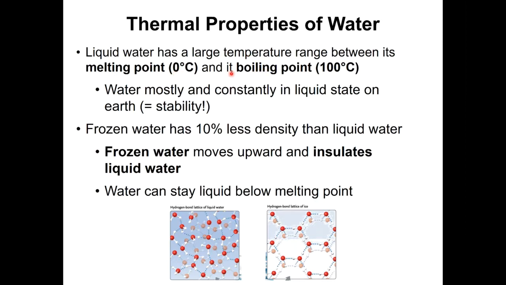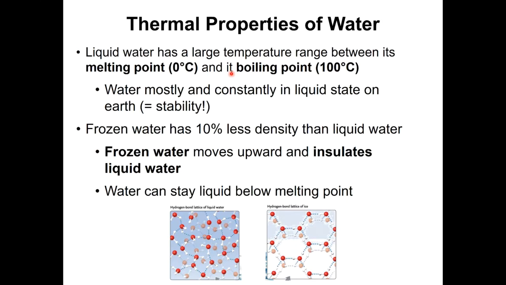Now, because of this, if you think of Earth, considering the distance we have from the sun, we have a certain temperature range, which basically guarantees that the vast majority of water will stay in the liquid state. This guarantees stability for the living organisms that live in it, and at the beginning of life, assuming that life started in water, for the first organisms.